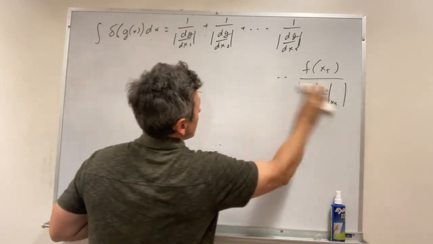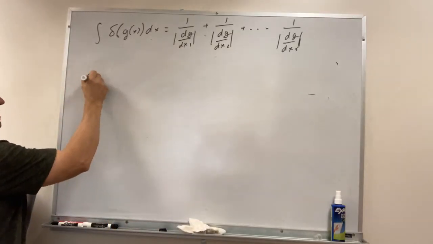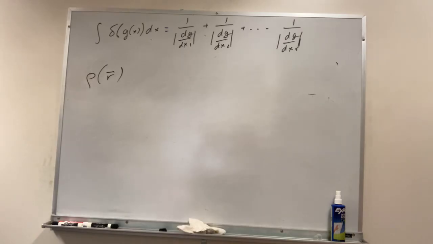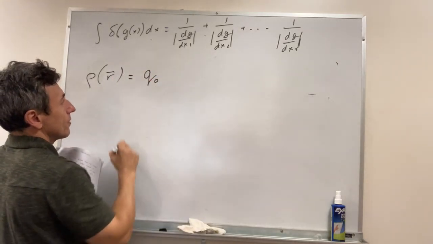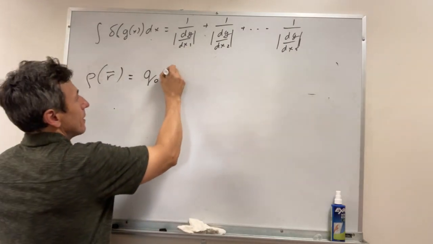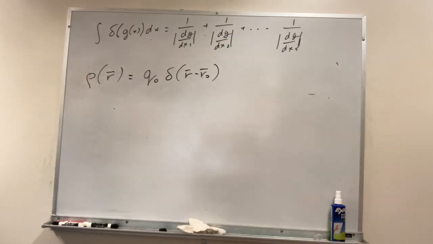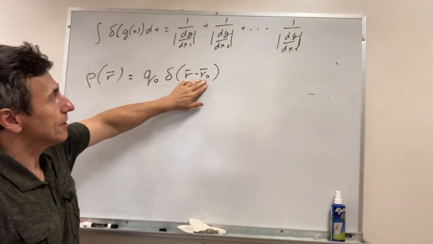When you write down the charge density, it describes the point charge. It depends on the radius vector r. For example, for a point charge q0 it is q0 times the delta function of r minus r0. It means that the delta function is a three-dimensional delta function, which is non-zero when r is equal to r0.